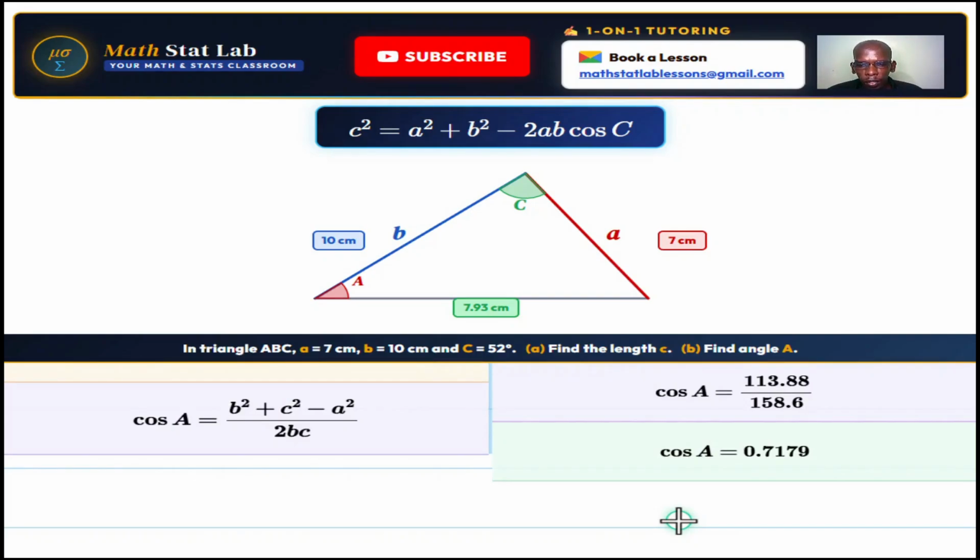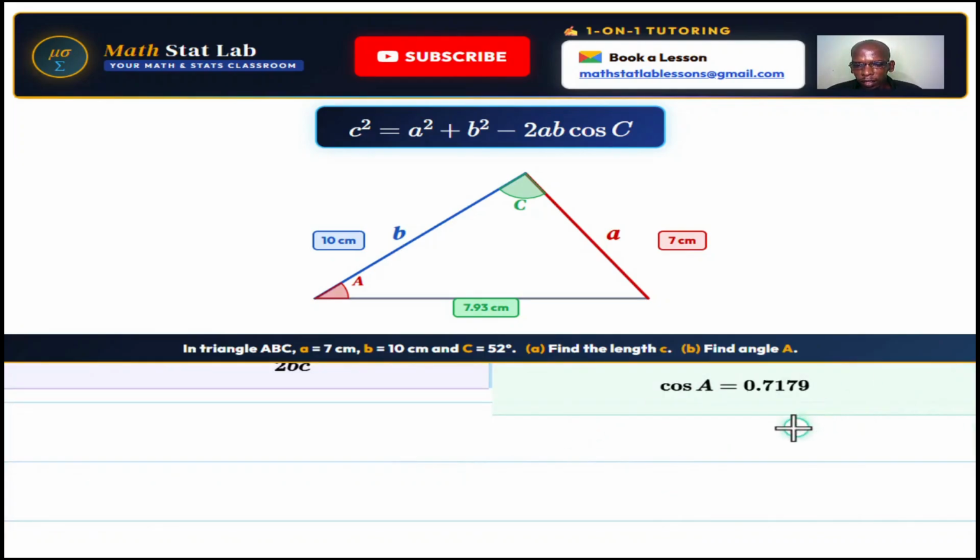So now we have the cos of A, but we want angle A, we don't want the cos of A. So to get angle A, we just need to find the cos inverse of this 0.7179. So it becomes cos inverse of 0.7179.